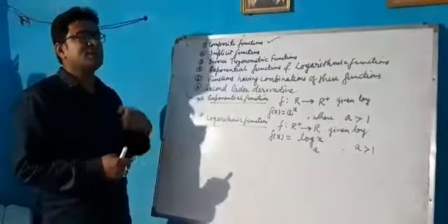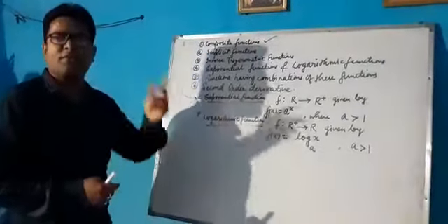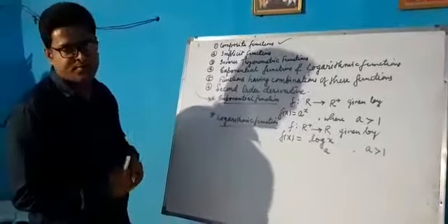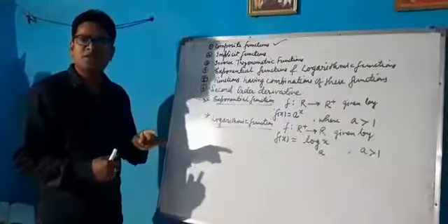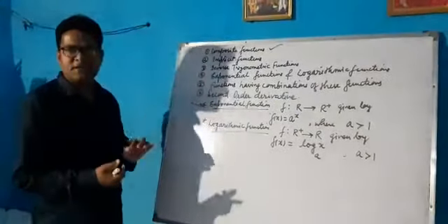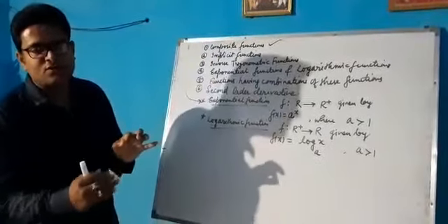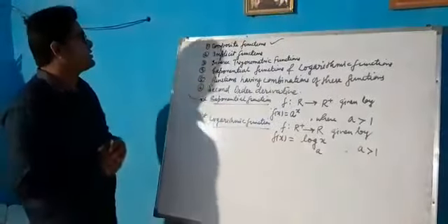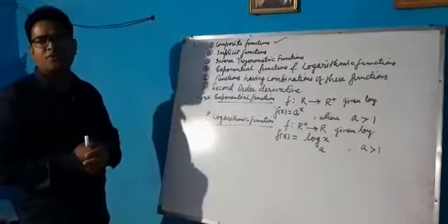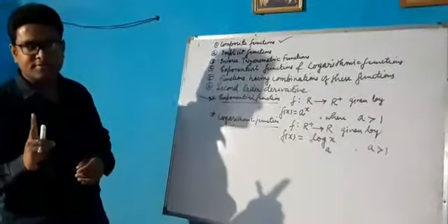A function can be differentiated n number of times, and that is known as nth order derivative. Differentiated once, it is first order derivative; differentiated twice, it is second order derivative, and so on. Let us see questions based upon them first, then we will easily understand it.